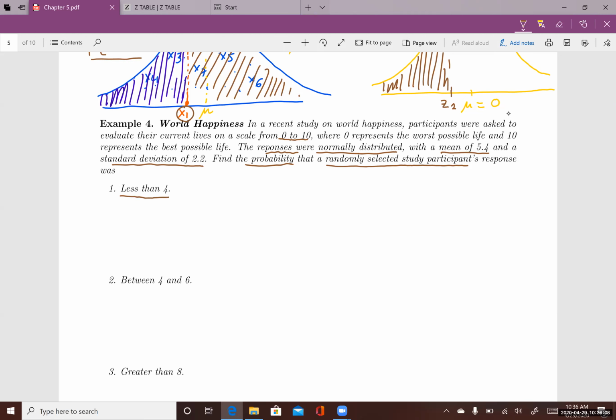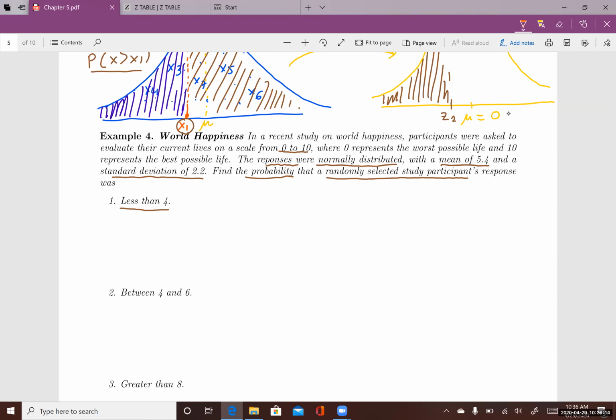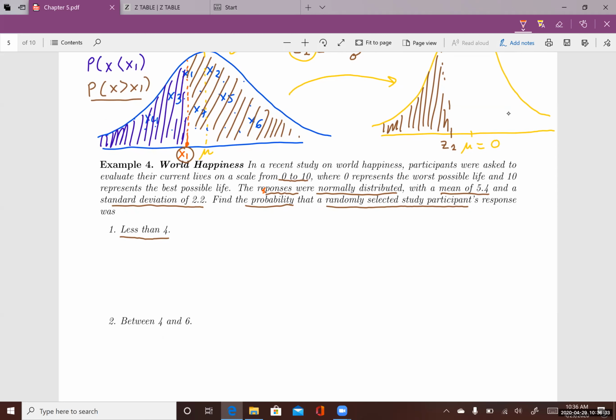Okay. If we read this scenario, we know that the responses were normally distributed. That means the x variable, the continuous random variable, what is the variable here? The variable here is the happiness scale, from 0 to 10.